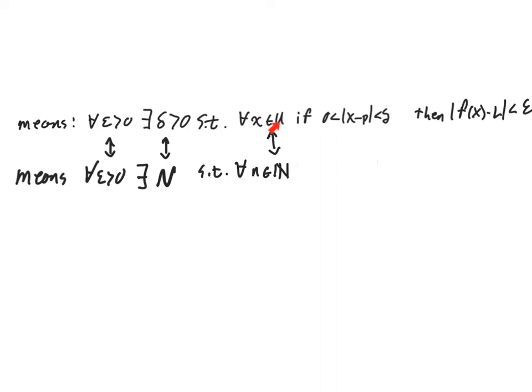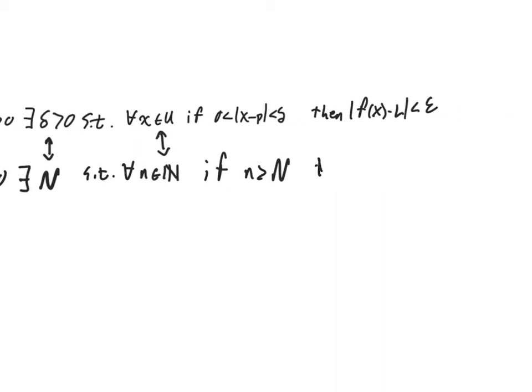This U is the domain of the function. The set of natural numbers is the domain of a sequence. If little n is bigger than big N, then the absolute value of a sub n minus L is less than epsilon.